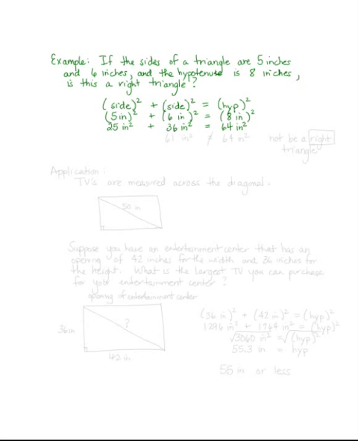Adding the left side, we get 61 square inches equals 64 square inches. This statement is not true. So this would not be a right triangle. It is another type of triangle, but not a right triangle. Remember, to be a right triangle, it must satisfy the Pythagorean theorem.